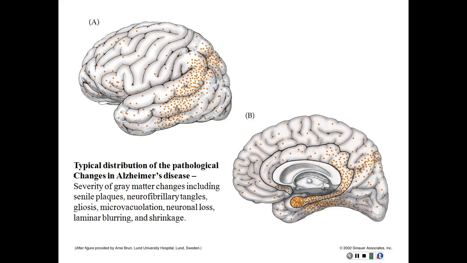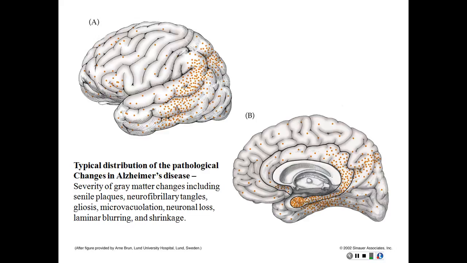I'm only going to mention this because it's worthwhile that you have some idea that when we think about Alzheimer's disease, it really is a disease first and foremost of cortical tissue. That's not to say that the brainstem and cerebellum don't have degrees of pathology associated with them, but when you think about neurodegenerative diseases and where they predominantly localize, Alzheimer's pathology is predominantly found in the cerebral hemispheres.